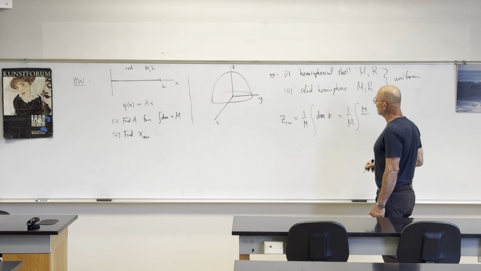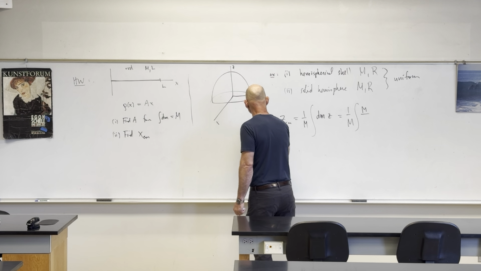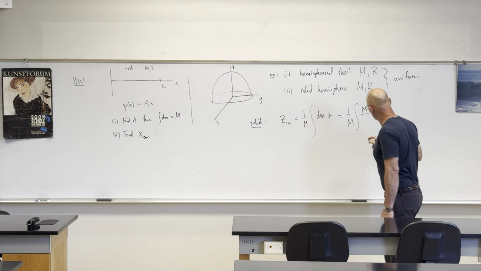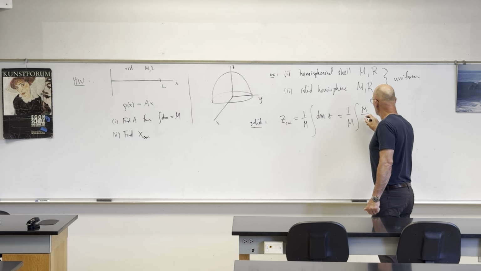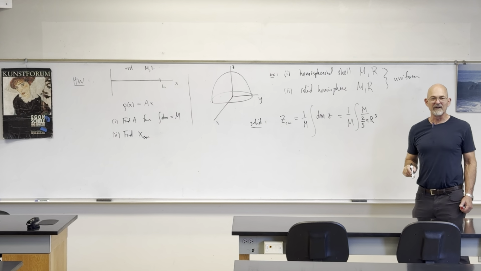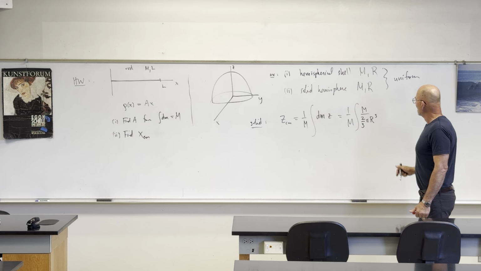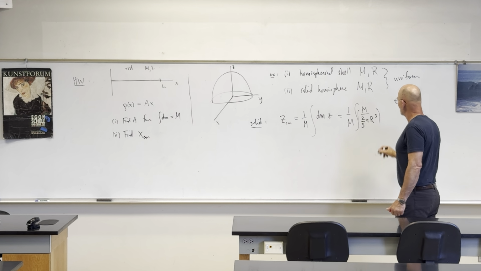M over, let's look at the solid. So it'll be M over half of the volume, 2/3 pi radius cubed. Right? 4/3 pi radius cubed is the whole entire sphere, so the volume of the hemisphere is half of that. And what's your volume element?